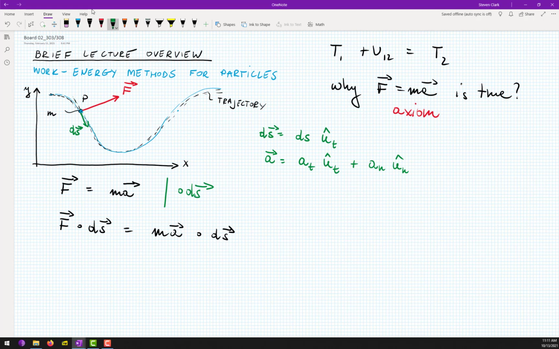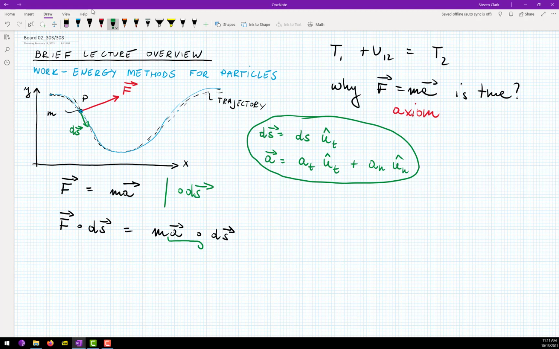So just by looking at these two formulas, can you please tell me what this is equal to? I need an expression. Perfect. Yes, ds times a_t. Awesome.